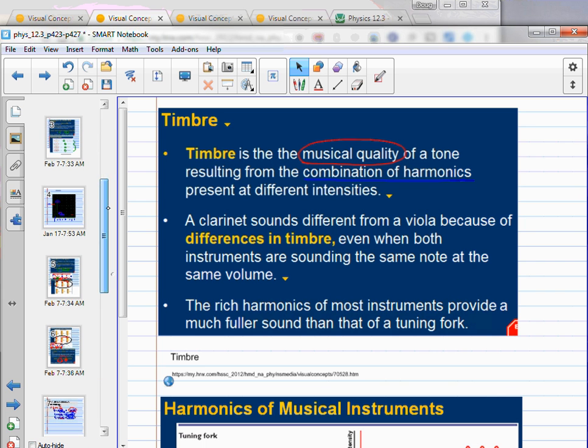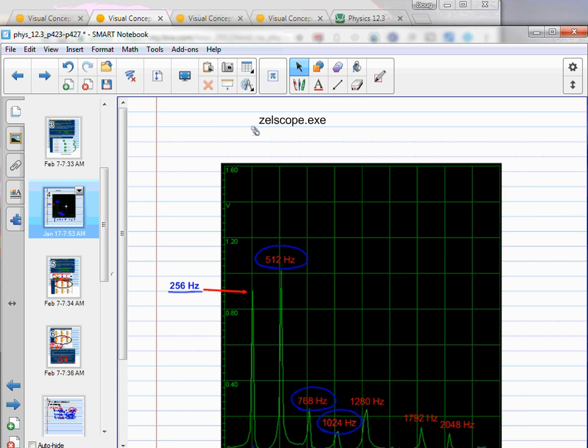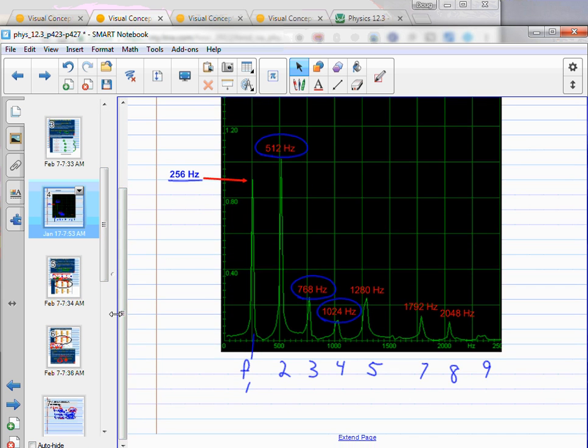So if we jump all the way back to this diagram that we saw earlier, somebody humming middle C, all those harmonics that are present add to the timbre, or the quality, of what that middle C sounds like in that voice.